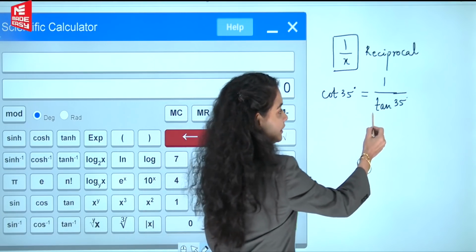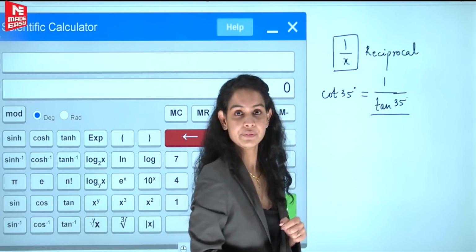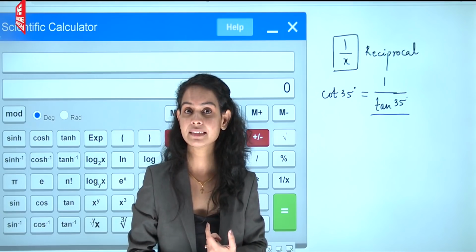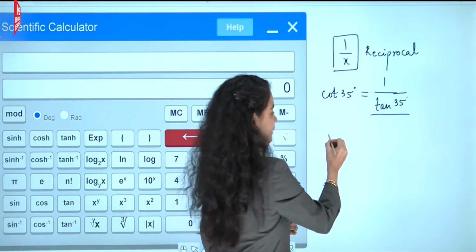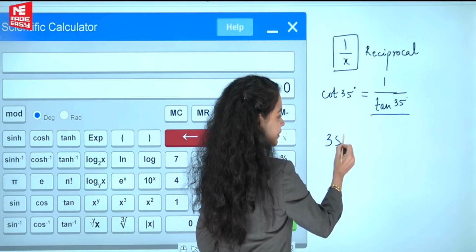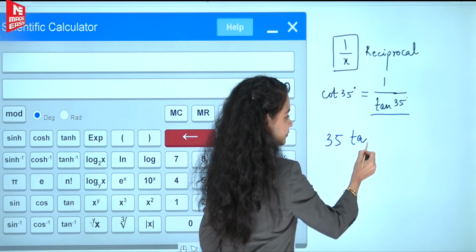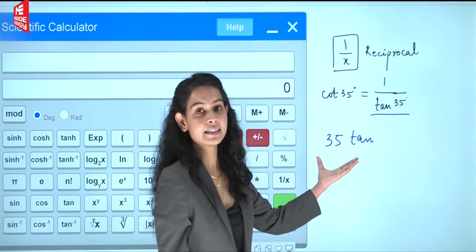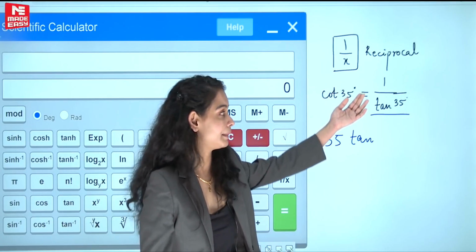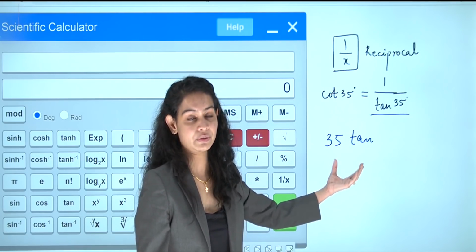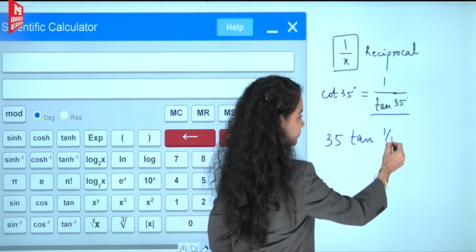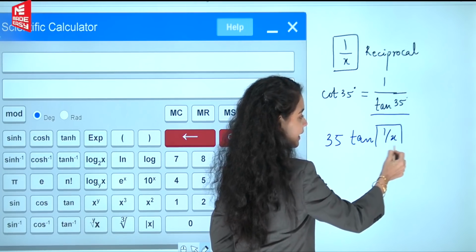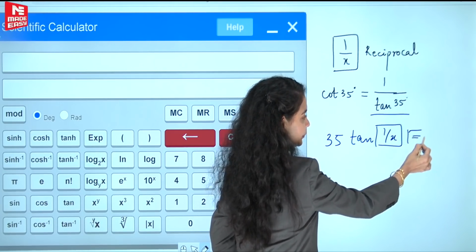Now to calculate this tan 35, we have already learned you have to enter the value of x first, then the function tab. Here you will do 35 and then tan. This entire thing is your x value, right? Now you have to press the function tab, which is 1 by x here, and then you have to press equal to.